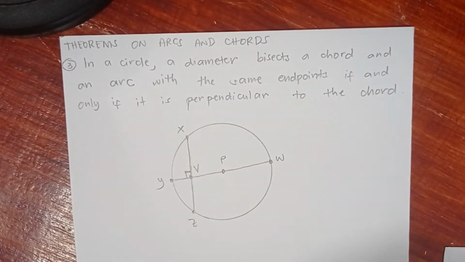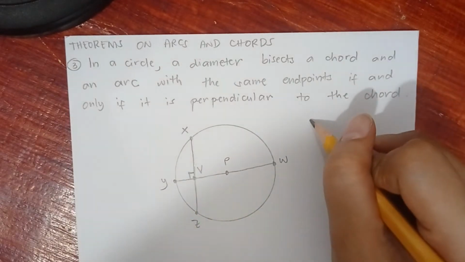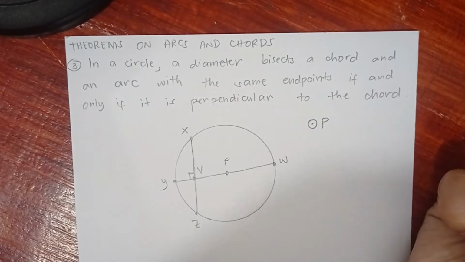Okay, another theorem on arcs and chords. Number 3 na ito, pangatlo. In a circle, a diameter bisects a chord and an arc with the same endpoints if and only if it is perpendicular to the chord. Anong ibig sabihin nun? For example, dito sa ating circle P. Yan, circle P. Diba?